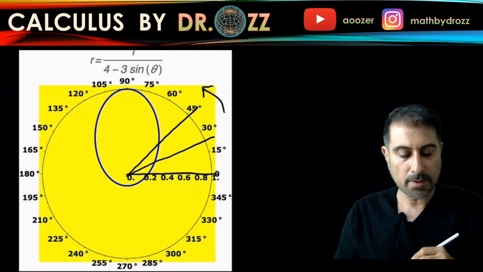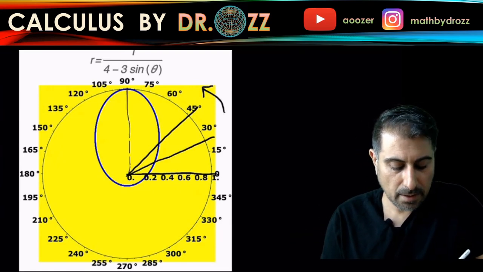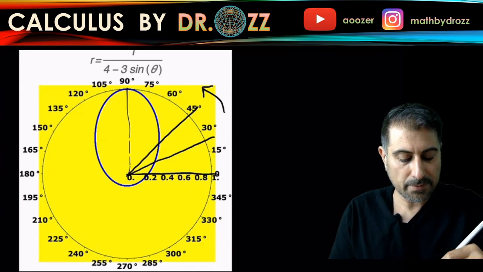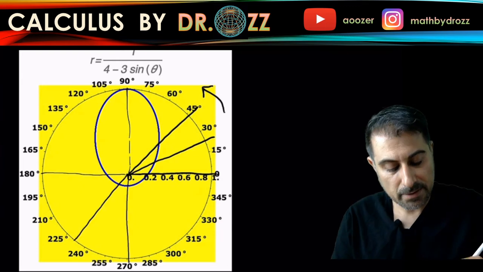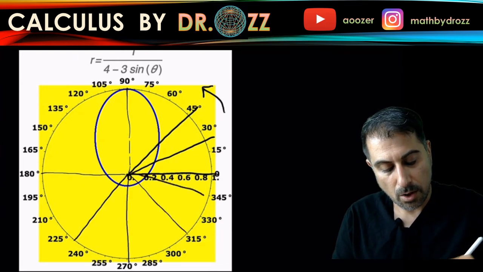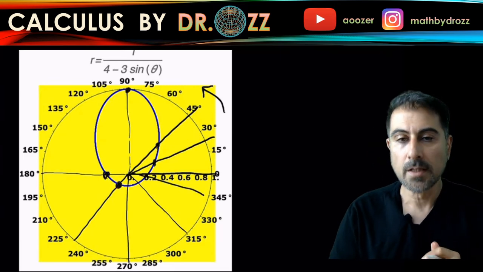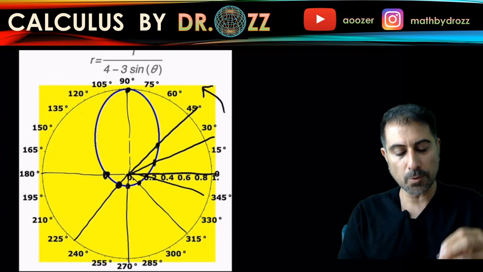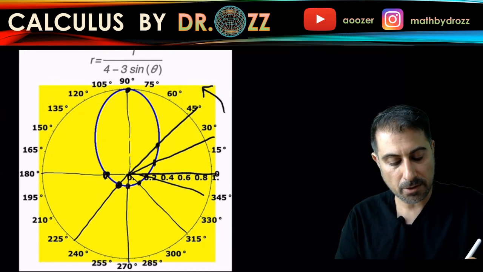So theta equals 90 degrees, in other words pi over 2, then 180 degrees, then 270, and on and on. Make sure every time you calculate r on these rays, you mark those points, and you can see the full loop happening in this direction.